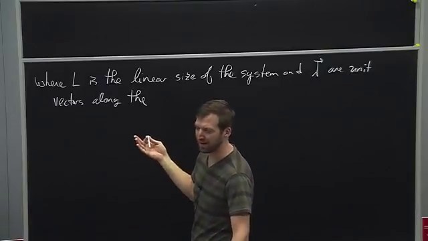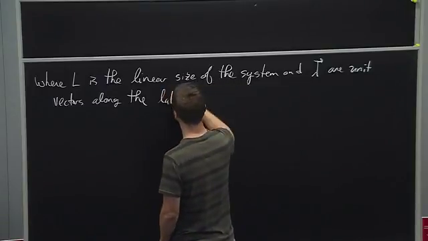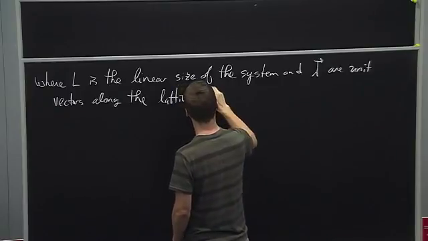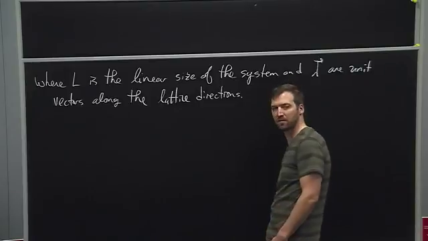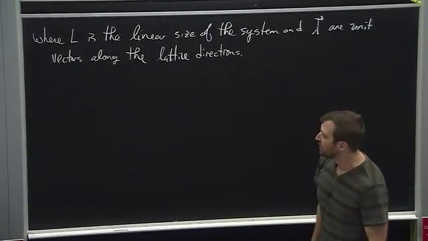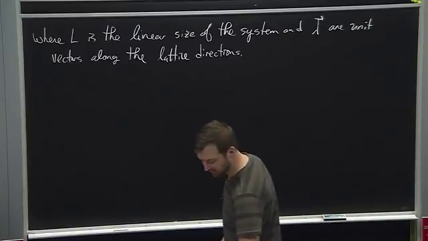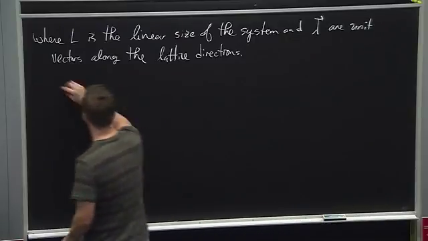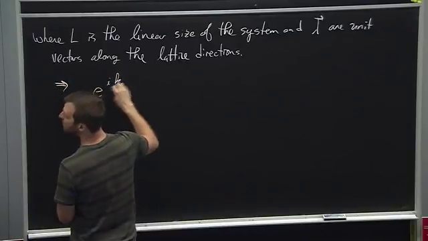along the primitive lattice, whatever you want to call it, the basis directions, lattice directions. Okay? So, right, because of this periodicity, then e to the i, what do I got?